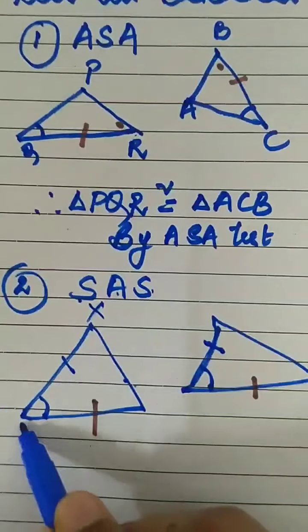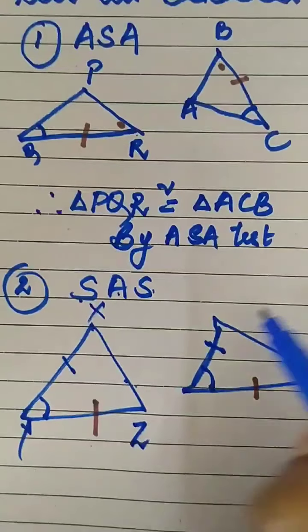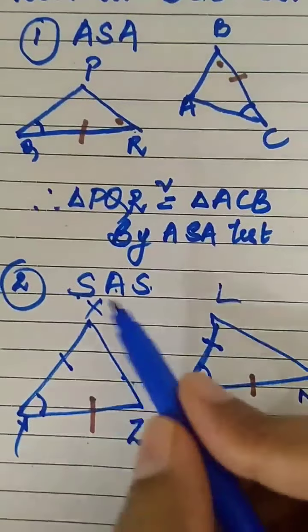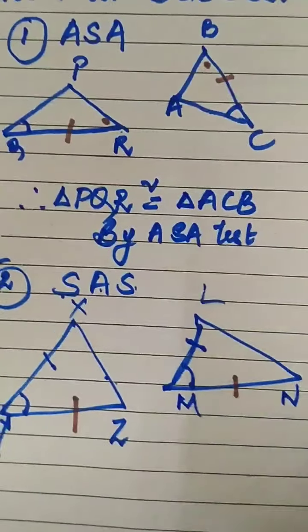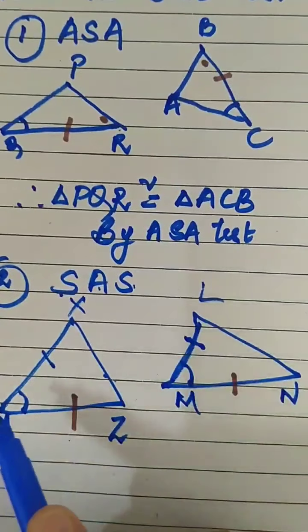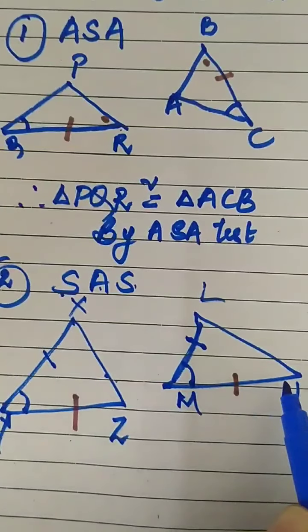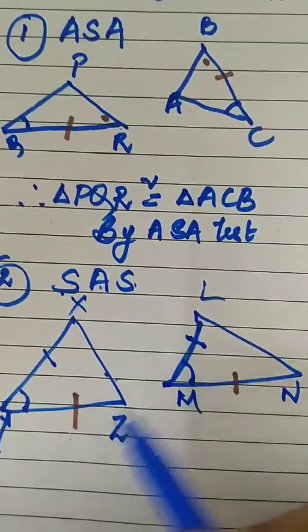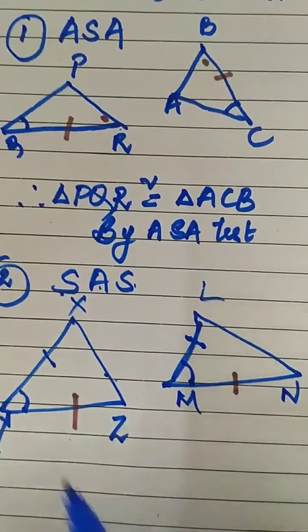Suppose here this triangle is XYZ triangle and LMN triangle. So you will write in triangle XYZ and triangle LMN, side XY congruent to LM, side YZ congruent to MN, given. Now it is already marked, given. Angle XYZ congruent to LMN.